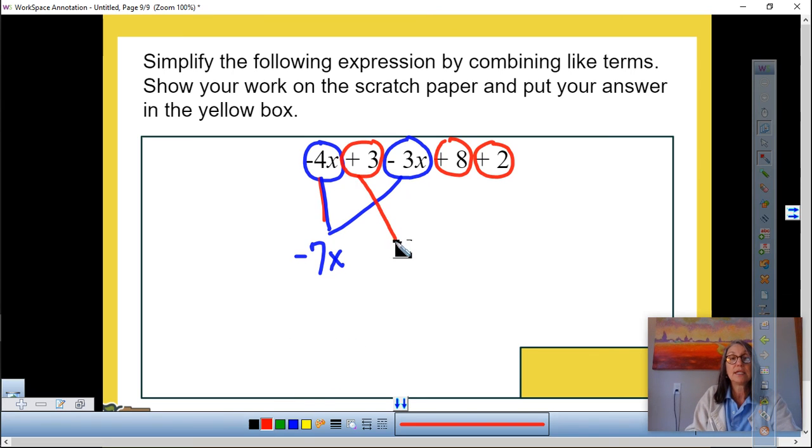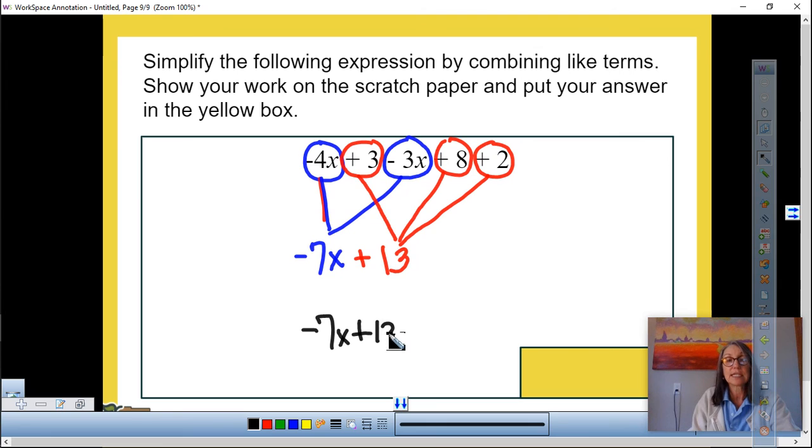Then 3 and 8 and 2 gives us positive 13. So our final answer is negative 7x plus 13. And we stop there because negative 7x is not like 13. We may not add them.